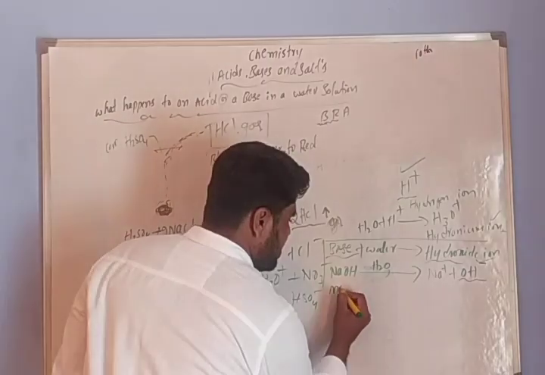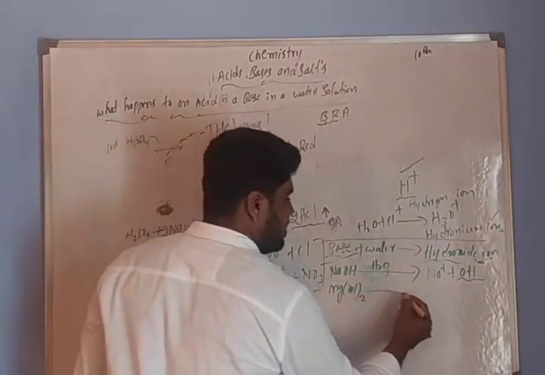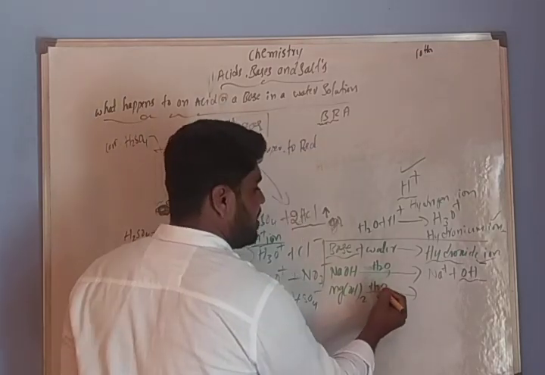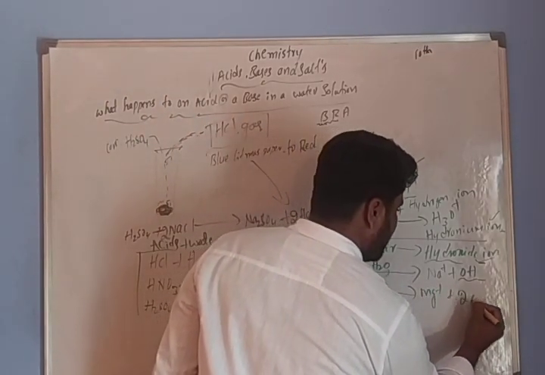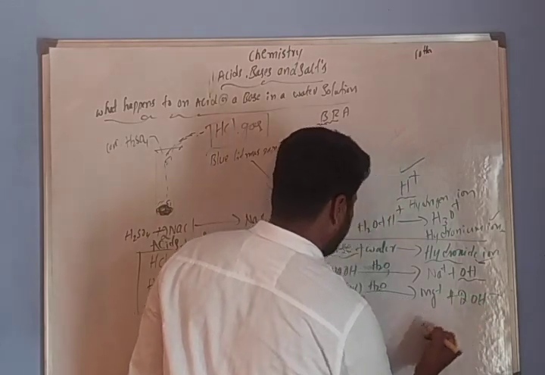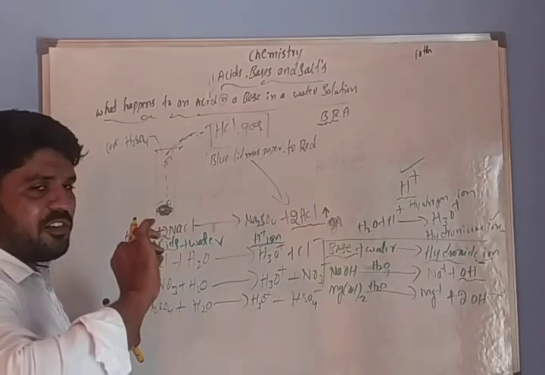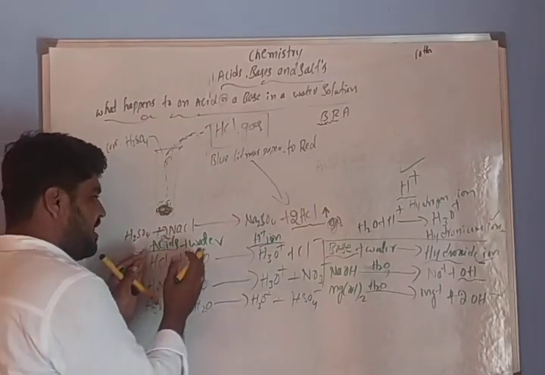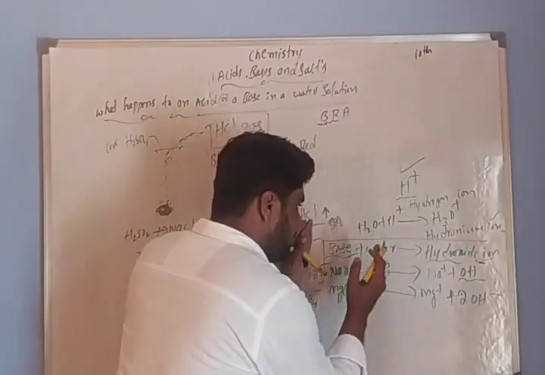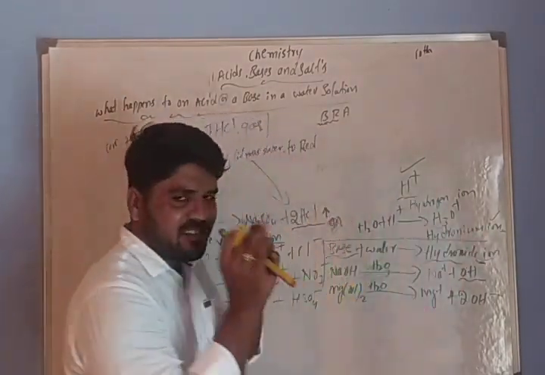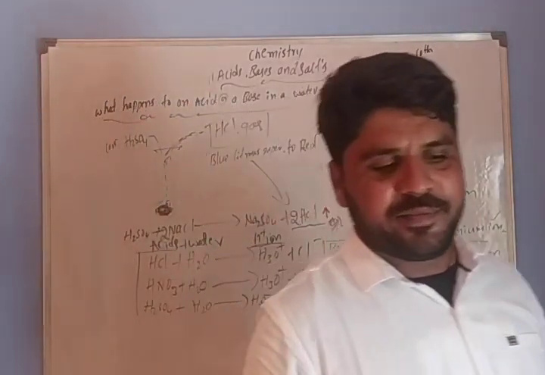Mg(OH)2, magnesium hydroxide, when it reacts with water or is mixed with water, it produces Mg 2 plus and 2OH minus. The very important point you have to remember: when acids react with water, it produces H plus ion. When bases react with water, it produces hydroxide ion. This is enough.